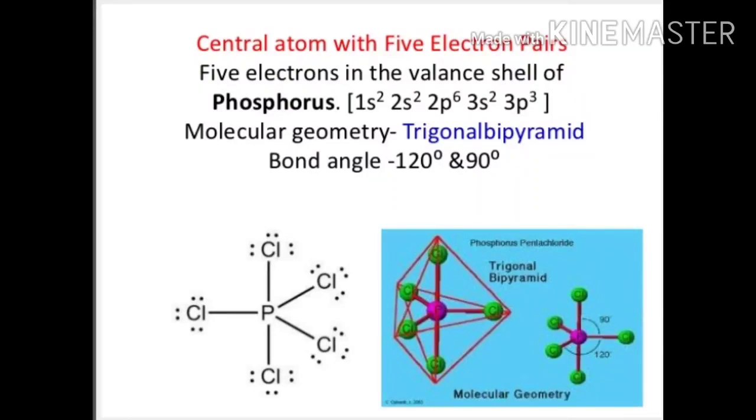The remaining two bonds, one lies above the plane and one below the plane of the equatorial position. They both make a 90-degree angle with the plane, and these bonds are known as axial bonds. The shape of the molecule is trigonal bipyramidal.